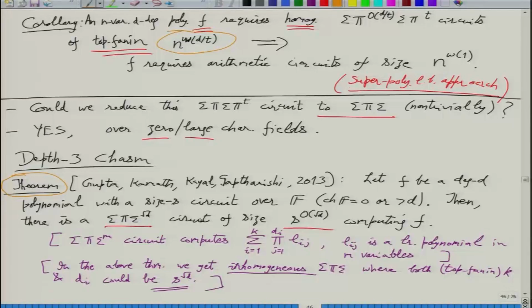So this will be a sigma pi sigma circuit in the end, where the bottom sigmas will only be adding square root d many things, and overall size will be very large. It will be s to the square root d, but this is still interesting because it could have been s to the d, right. So this is much better than the trivial bound. So in a non-trivial way, you can reduce depth all the way down to 3.